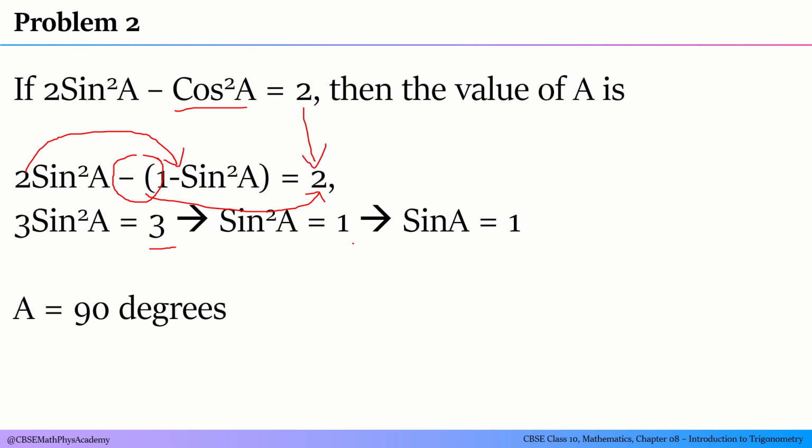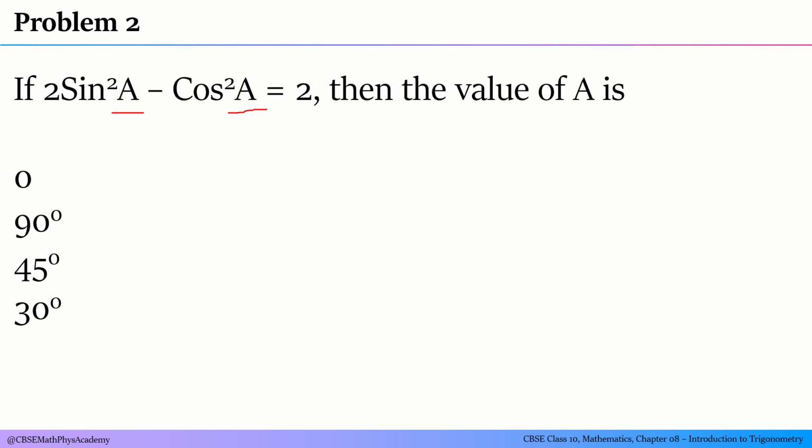So sine square A is equal to 1. Taking square root on both sides, sine A equal to 1. So what is the angle for which the sine value is 1? The angle is 90 degrees. So the answer A is 90 degrees. Second option is the right answer.